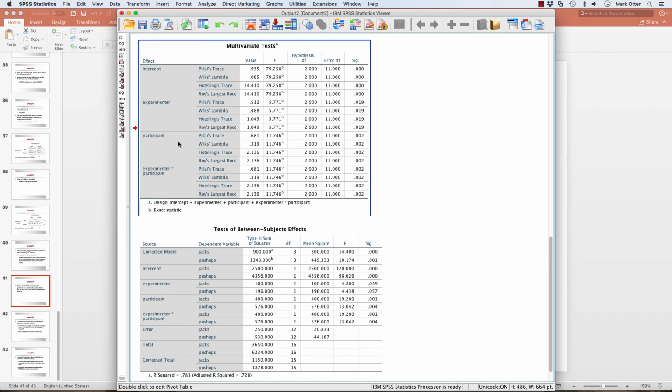For participant gender, it looks like the same result, 0.319 Wilks' lambda, converted F 11.746, p-value 0.002, so it does look like a main effect for participant gender on the combination of our DVs. And then for the interaction as well, 0.319 for the Wilks' lambda, 11.746, same value for F, and 0.002 p-value. So those are your two-way MANOVA results.